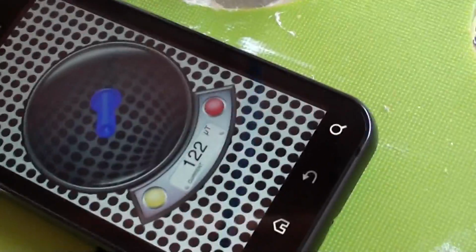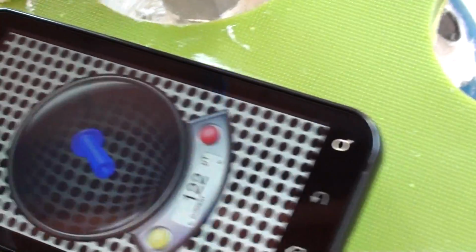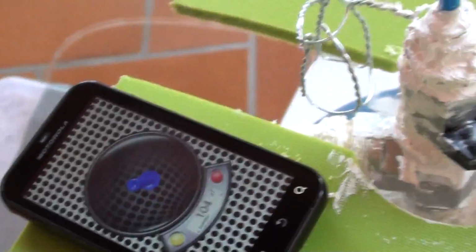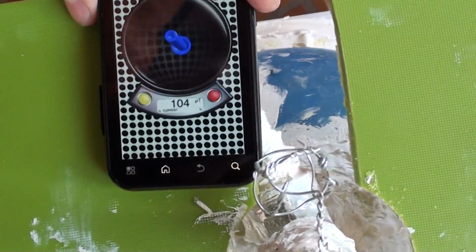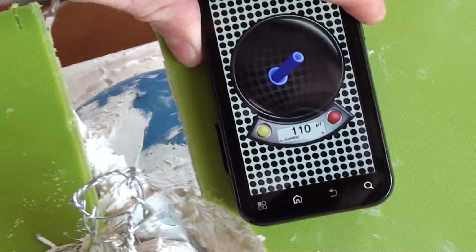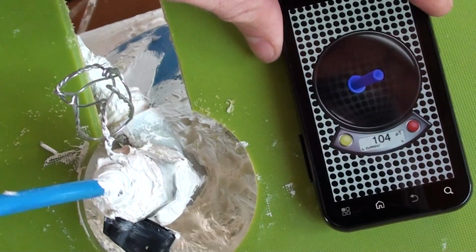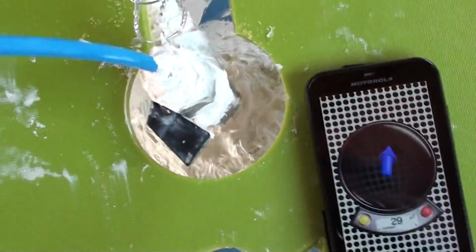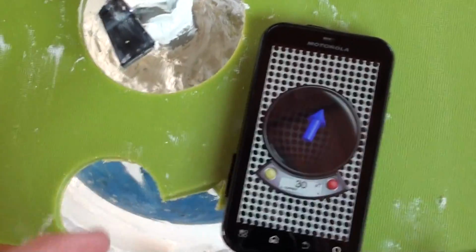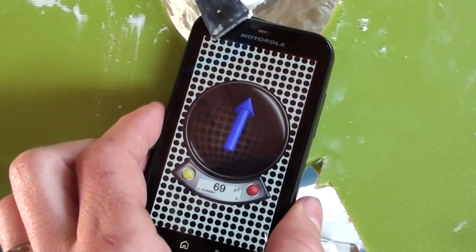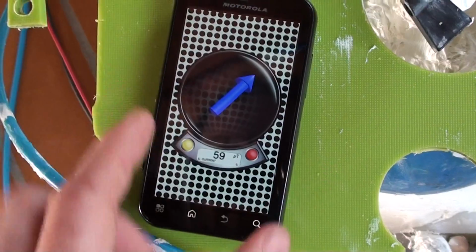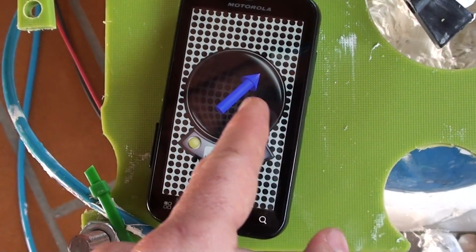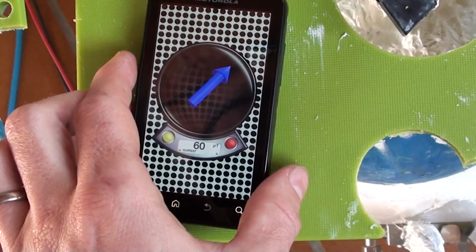So going on top, the fields move. They are pointing towards the chamber. The north pole of the magnetic field is where the arrow points at.